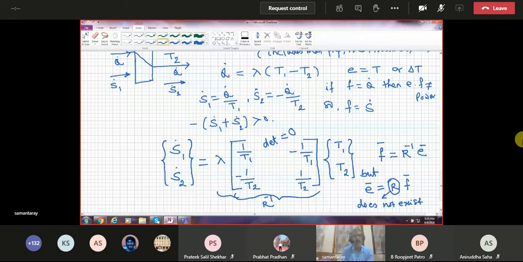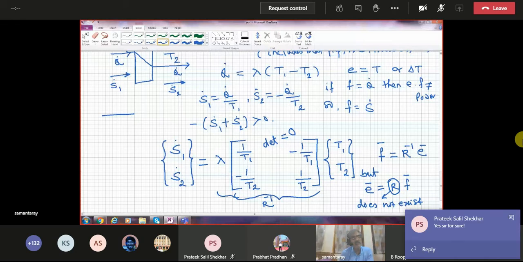This has happened because we have used S dot as a variable instead of Q dot. Suppose by mistake we had modeled it like this, let's say R is 1 by lambda, the effort is delta T, and the flow is Q dot.